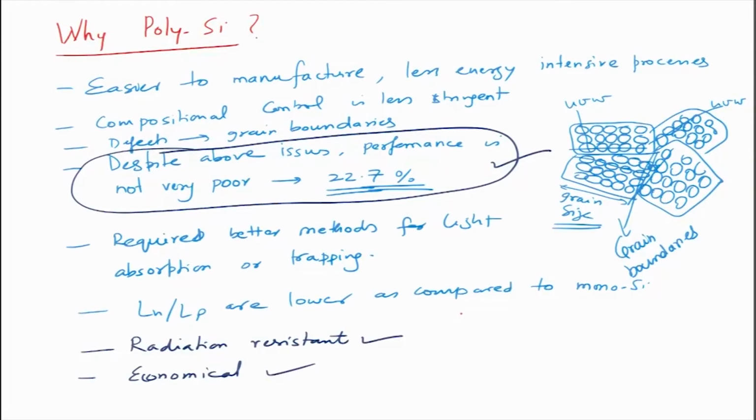For example, control of grain size is important, which means one needs to control the growth of these crystals, and you need to improve light trapping.